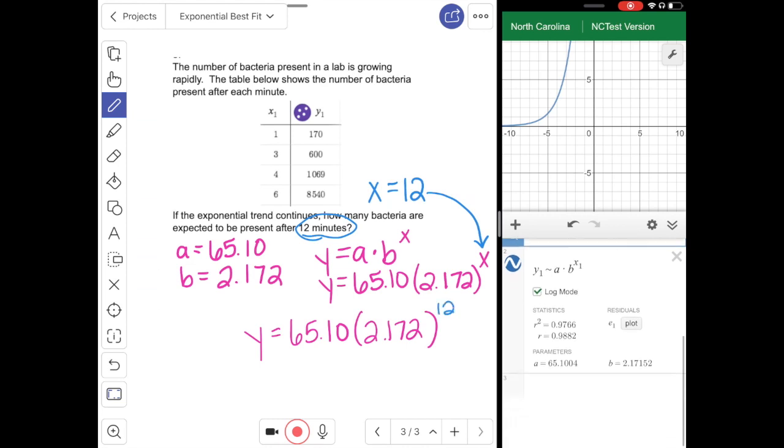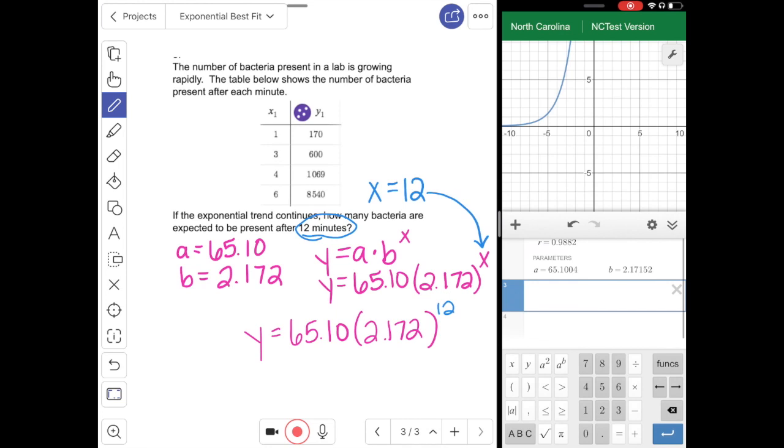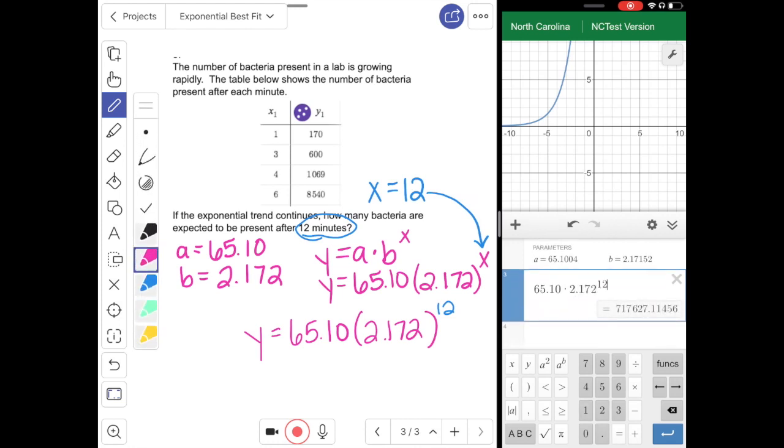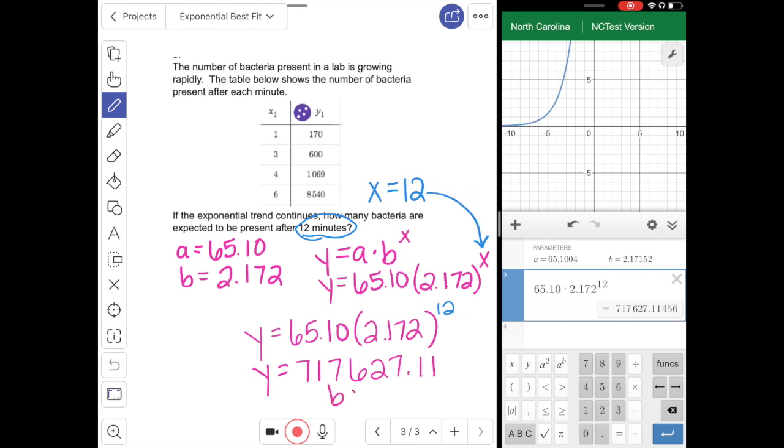I'm going to type that right into Desmos using my next row. And for this particular time frame, we got approximately 717,627.11 bacteria.